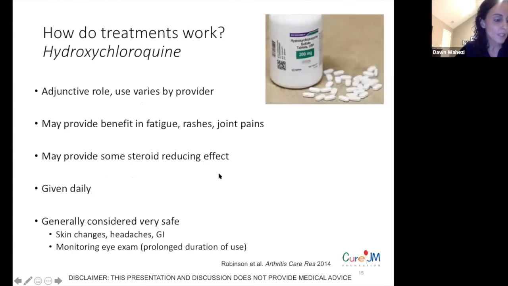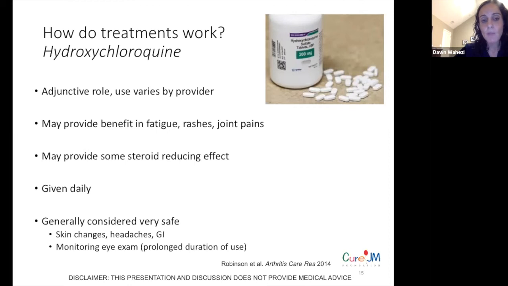I see that we're getting a little bit late on time, so I'm going to try to speed up a little bit. In terms of the hydroxychloroquine, that's the last medication I'm going to go through. The hydroxychloroquine is used by many providers, but not necessarily every provider. It's sort of provider dependent, so I don't want anyone to feel one way or the other if their provider suggests it or not.